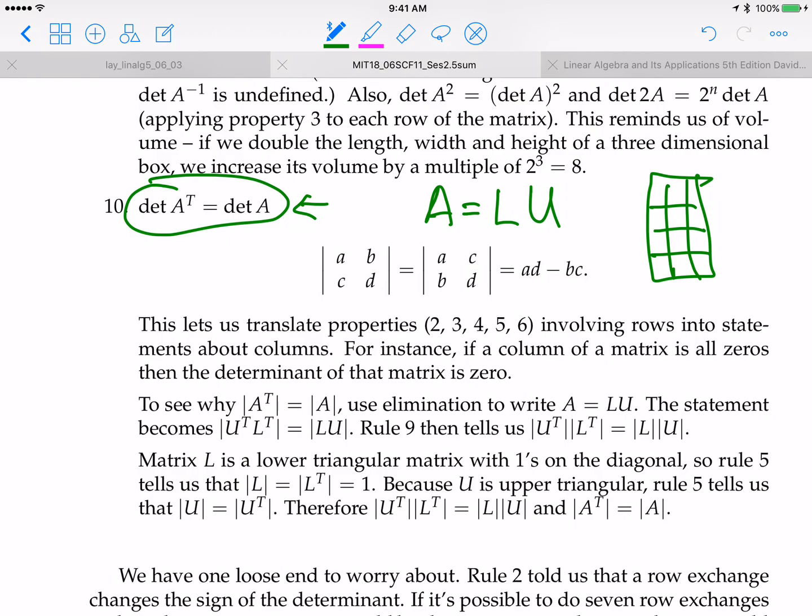It's just our initial starting point and our agreement. It's not a right or wrong answer, but we only define the determinant for the square matrix. We don't talk at all about the determinant for the rectangular matrix.